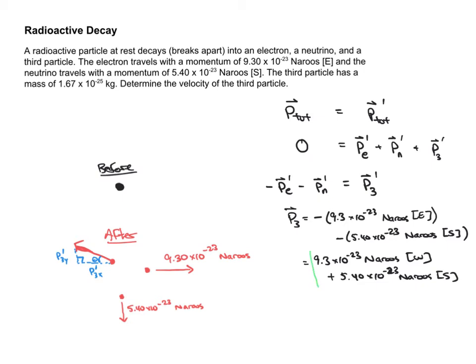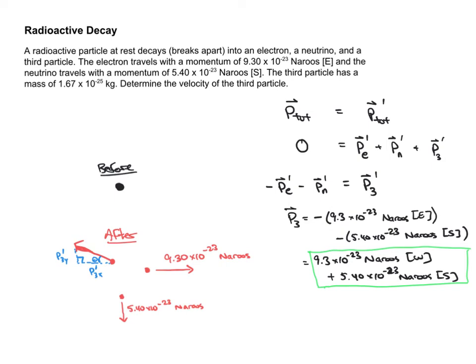So this, I'm going to put a green box around it. This is what I have to calculate to get my answer. It's vector addition because west and south are not parallel to each other. So I have to do it by drawing a triangle. But I'm actually going to throw that into the online vector addition calculator.